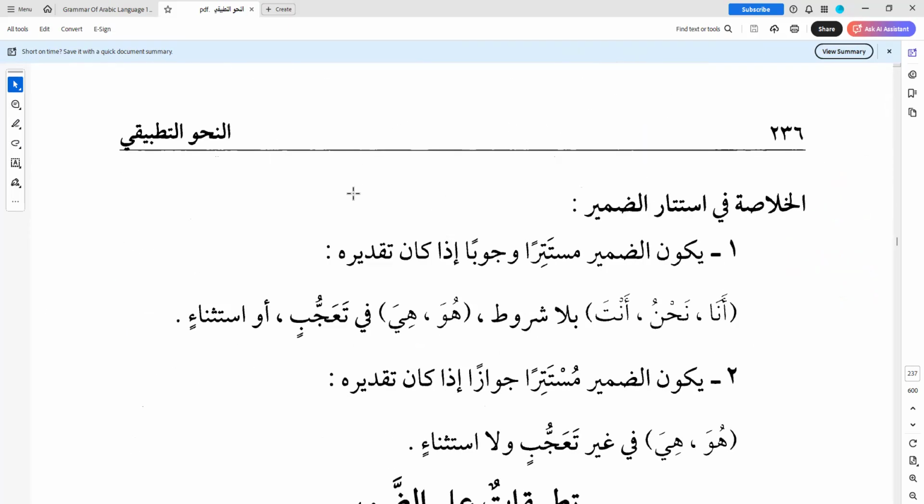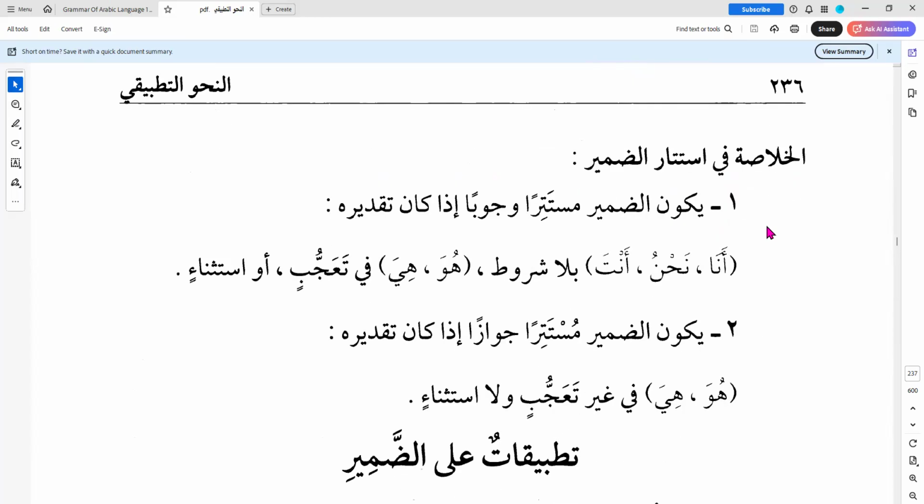So let's look at خلاصة في استتار الضمير. So we're looking at the summary, right? The sum of the concealment of dhamir, that is pronouns in Arabic. So in all, what we have done can be summed up in 2 sentences, right?